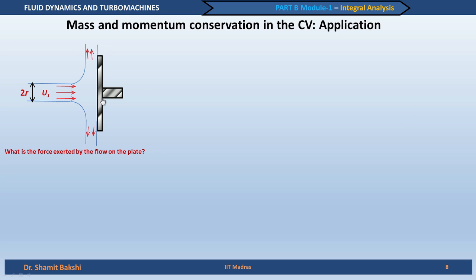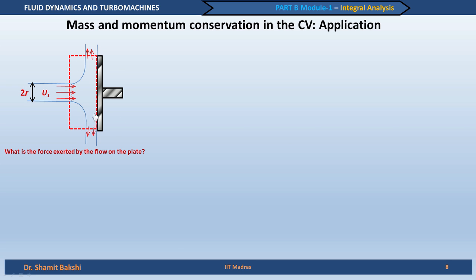Of course, we have seen if we do not hold this plate, it will start moving, but we do not allow it to happen, we just allow the flow to exert the force and let us say we measure that force. So, this problem will show us how to estimate the magnitude of that force. We take a control volume like this.